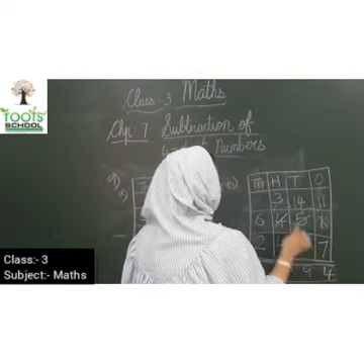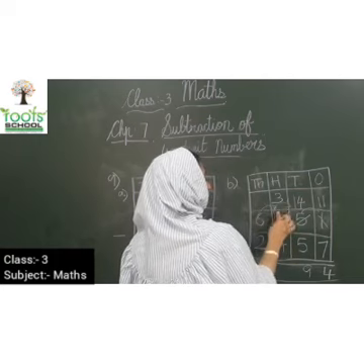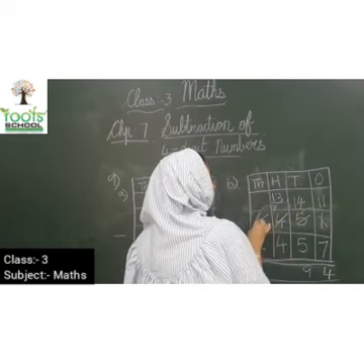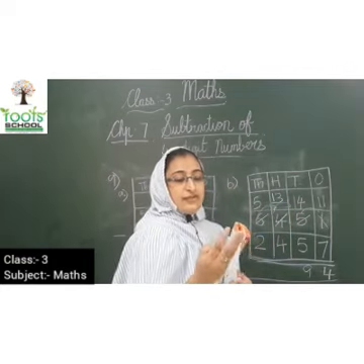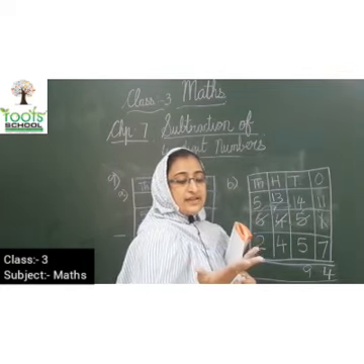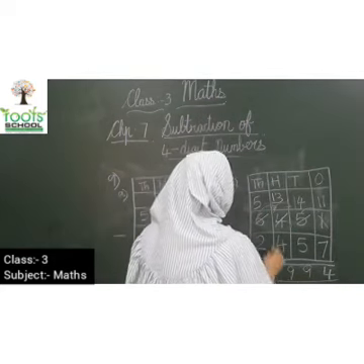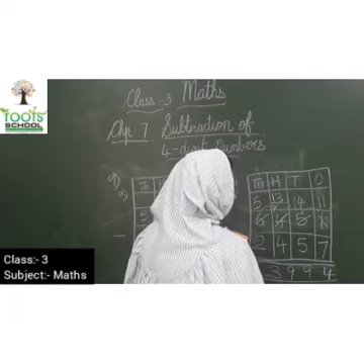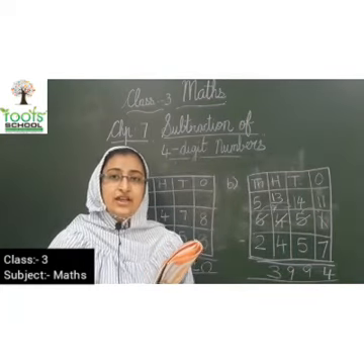Very good kids. 3 minus 4 you cannot, so you have to borrow one number. So this will become 13 and this will become 5. Now 13 minus 4 is 9. And 5 minus 2 is 3. So what is the answer? 3,994.